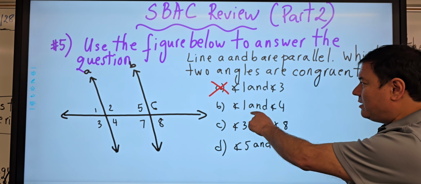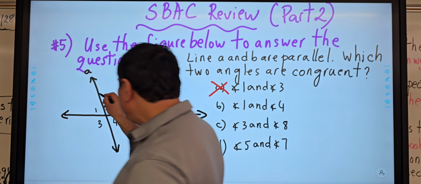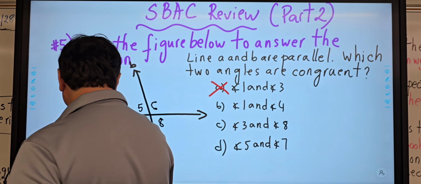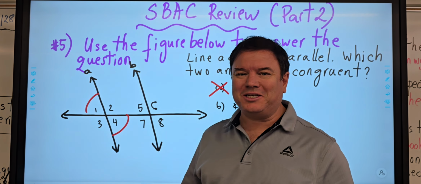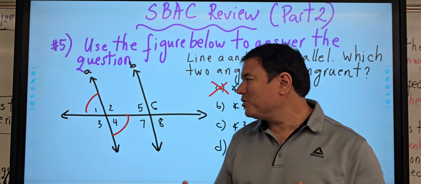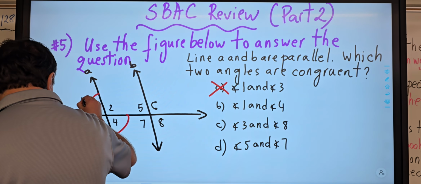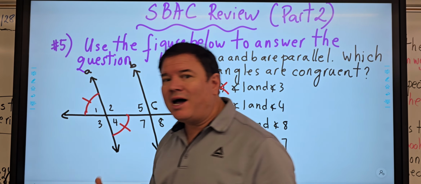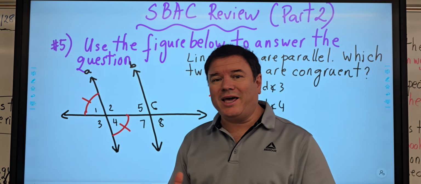Let's take a look at option B here. Angle 1 and angle 4. As you see, they look the same, just as a visual. But we know something important about those two angles. Those two angles are opposite from each other, and we call that vertical angles.